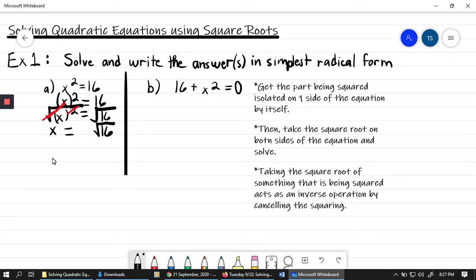There are two versions of that answer at least. One version is positive, the other version is negative. So I think most of us either know that the square root of 16 is 4, or if you don't know, you can figure it out. Again, everybody has a calculator.